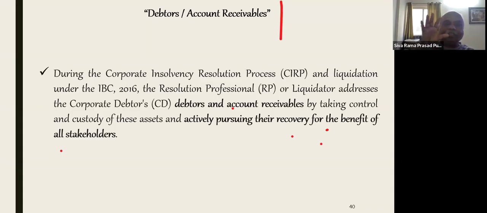Because you are the chief executive officer of the company with the help of the supporting staff. I'm not asking you to recover by yourself, but with the chief financial officer. What is the progress? How many are there? How many companies? Tell me about the companies. What type of documents have they executed? And whenever the loan or credit is given to that company, some appraisal is also there.